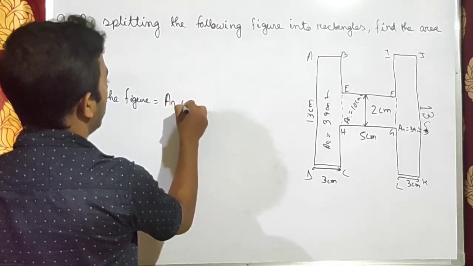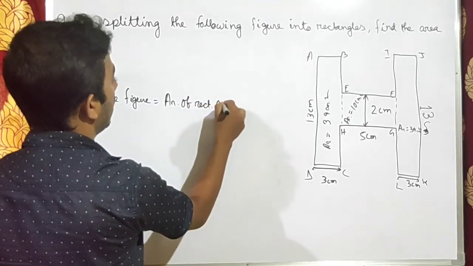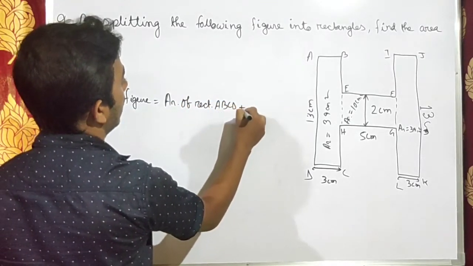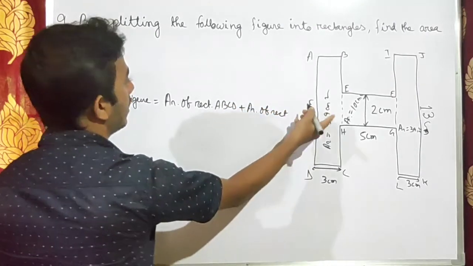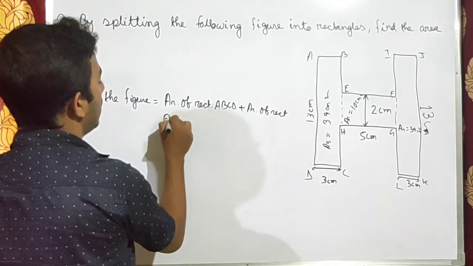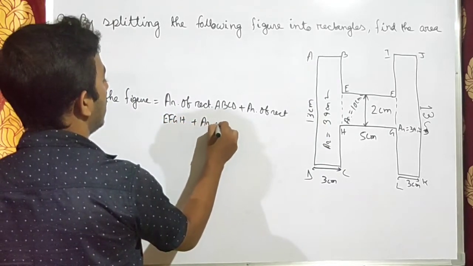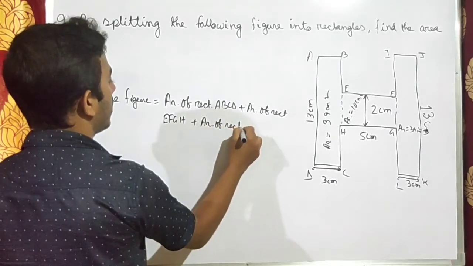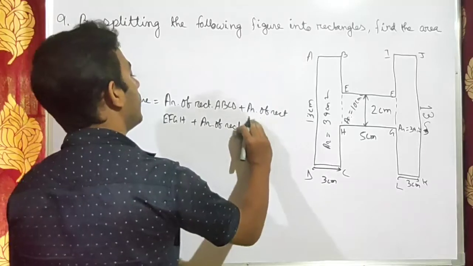Area of rectangle ABCD plus area of rectangle EFGH plus area of rectangle IJKL.